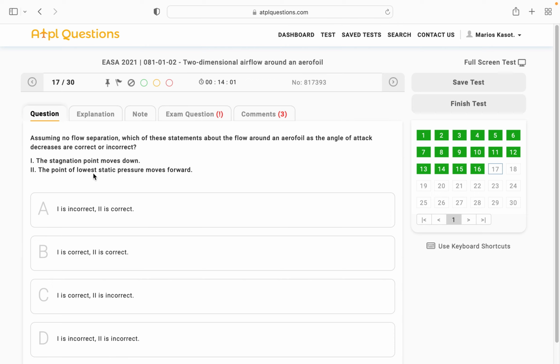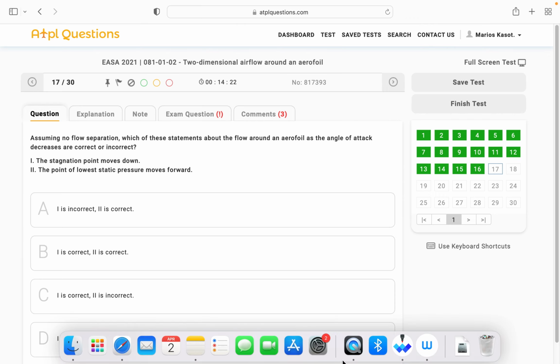The point of the lowest static pressure moves forward.